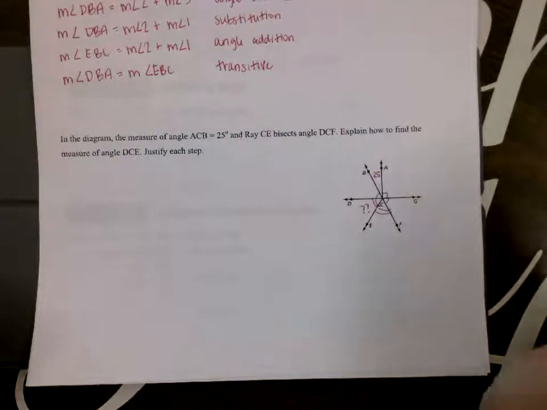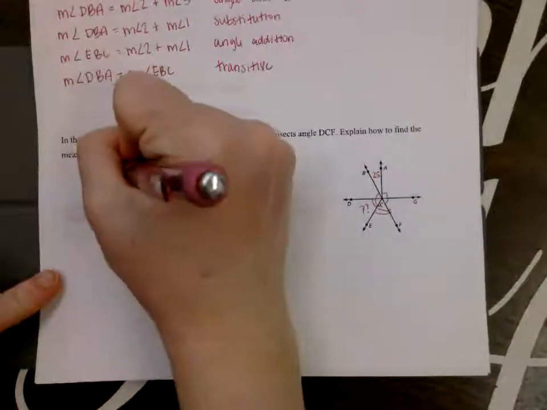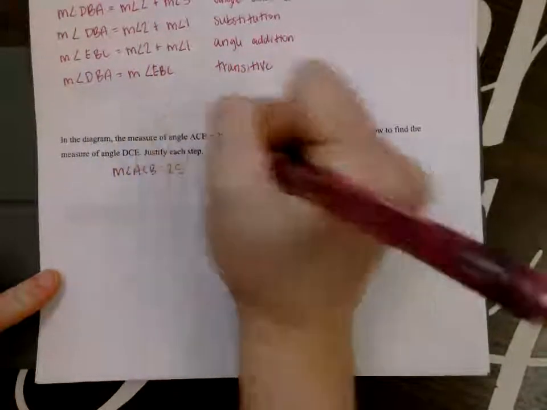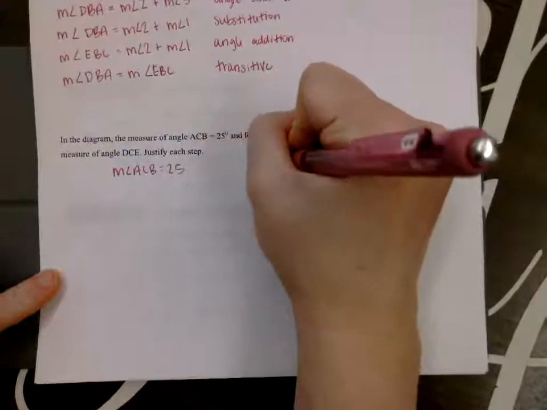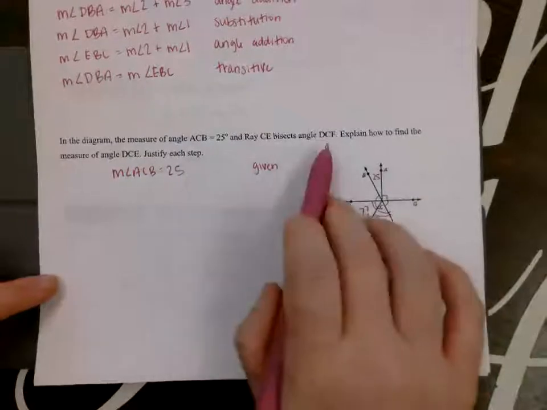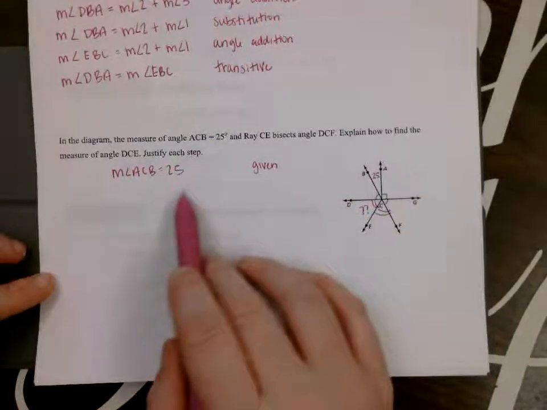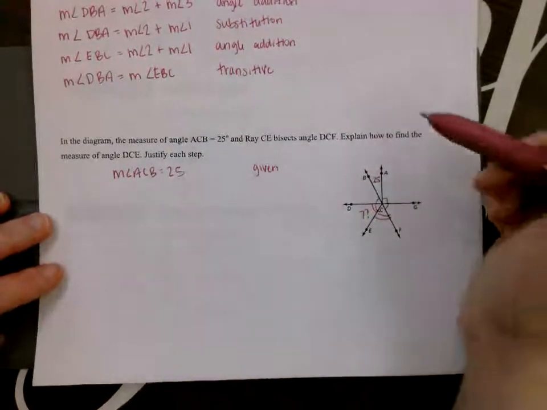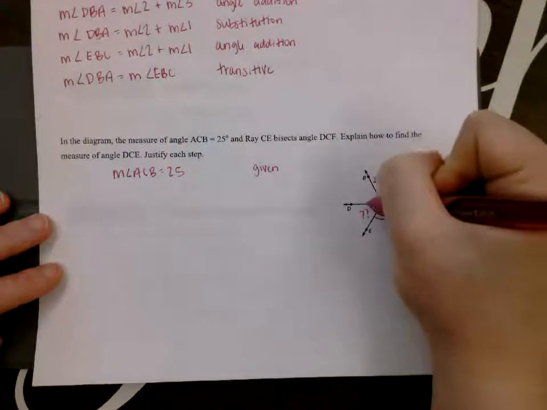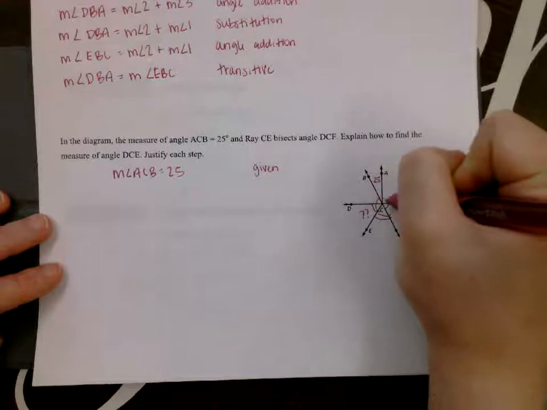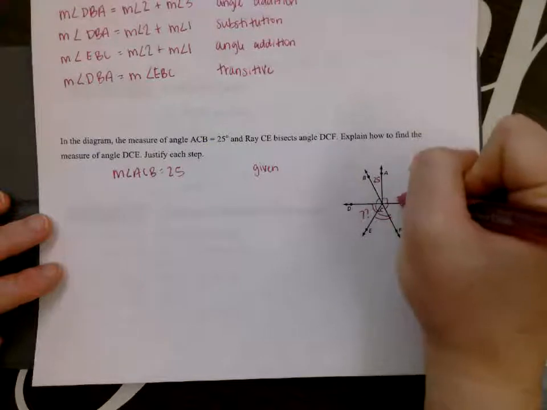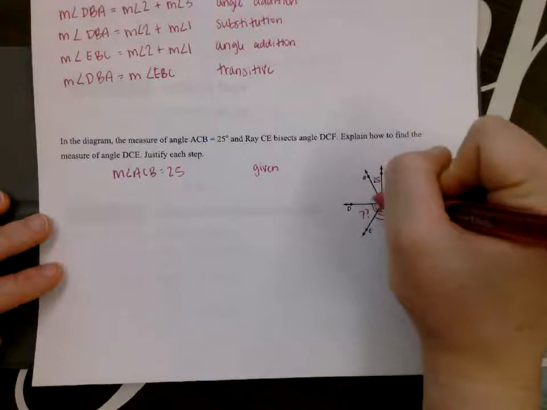Justify each step. So the first thing that I know is that the measure of angle ACB is 25 degrees, and that was given to me. I'm going to come back and deal with this later. Then I notice that I have this angle here and this angle make a linear pair with the big angle, which means that it's also 90 degrees.